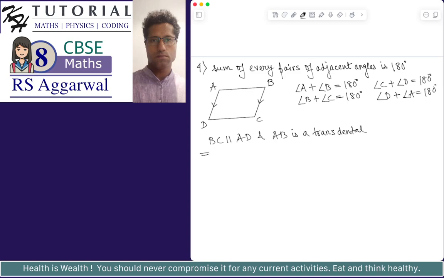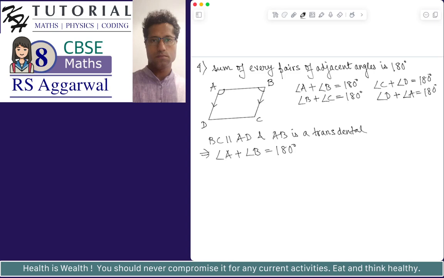So immediately we can say that these two angles are interior angles on the same side of the transversal AB, and we know that for a transversal intersecting two parallel lines, the sum of the interior angles on the same side of the transversal is 180 degrees. So we can say immediately that angle A plus angle B is equal to 180 degrees.